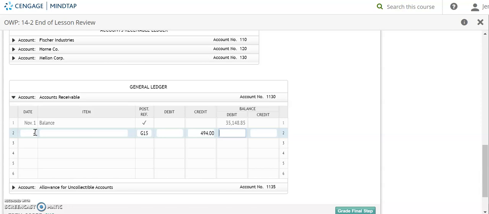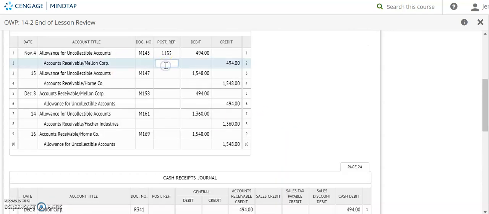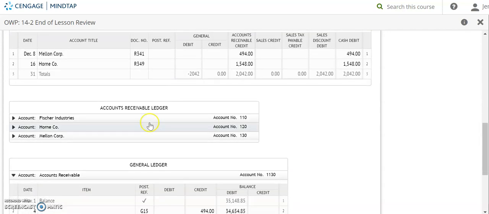My new balance is $34,654.85. Account number 1130 will go back up. And after that account number, I'm going to put in that slash. And now I'm going to post to Mellon Corporation. When I click away from that, it'll turn red, but that's because I'm not completely done posting that account yet.